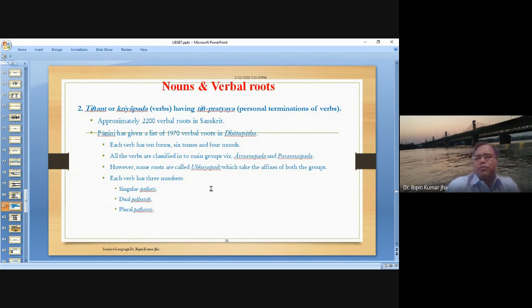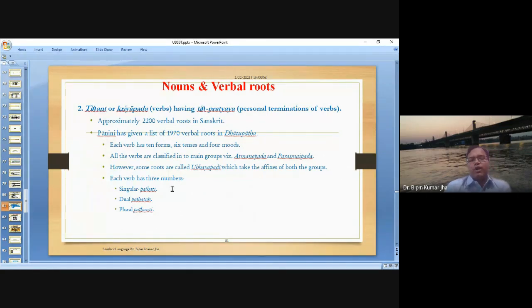That is atmanepad and parasmepad, and some of those verbal roots are used in both padas. Those are called ubhayapadi dhatu, the verbal roots used as both types, where the form will be different.